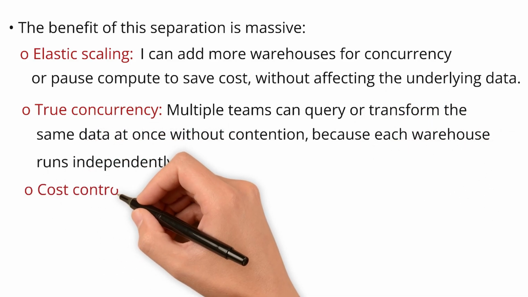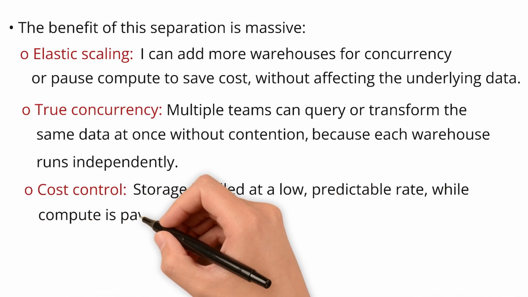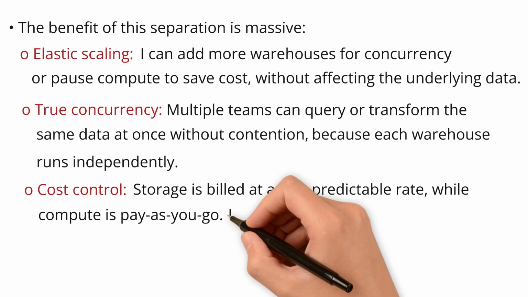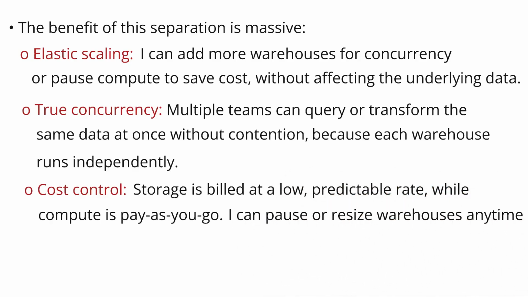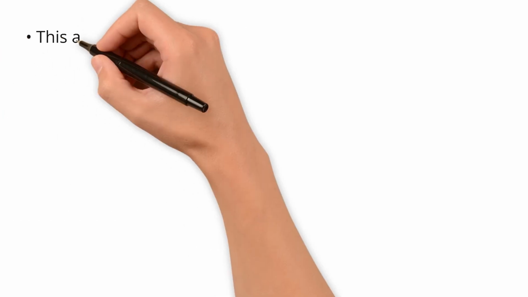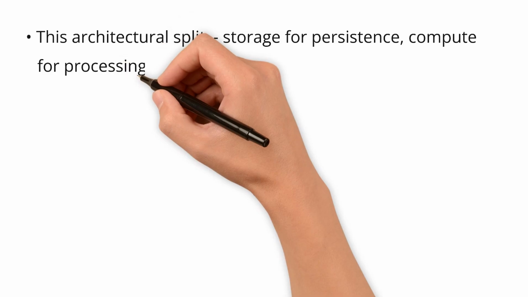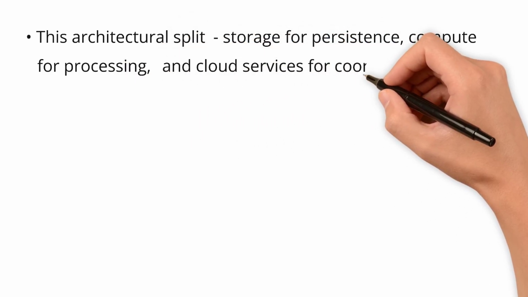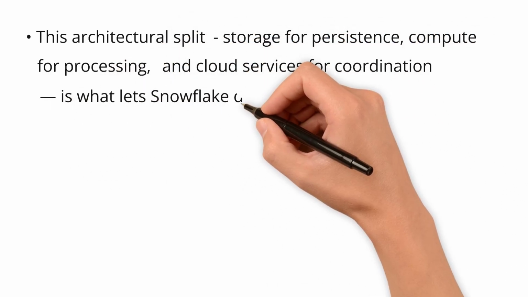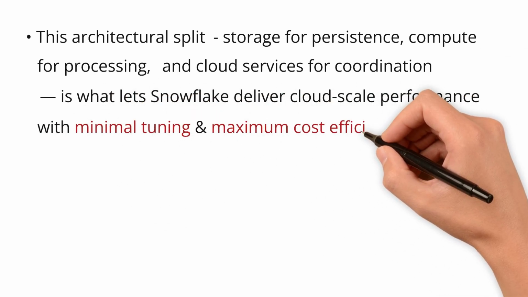Next is cost control. Storage is billed at a low, predictable rate, while compute is pay as you go. I can pause or resize warehouses anytime without affecting stored data. The architectural split, storage for persistence, compute for processing, and cloud services for coordination, is what lets Snowflake deliver cloud scale performance with minimal tuning and maximum cost efficiency.